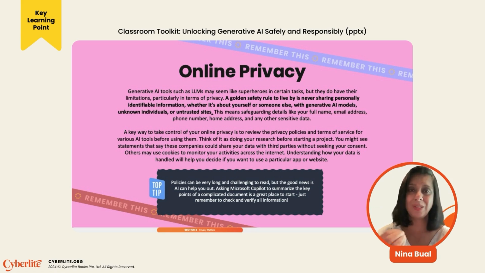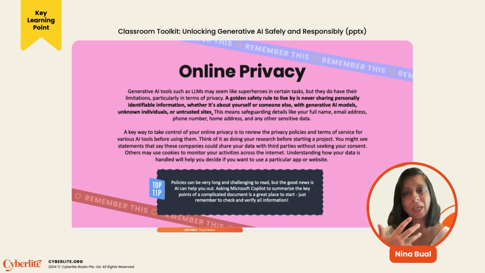that when we put information into generative AI tools, there is a question about online privacy, and we have to safeguard important information. So we should not be putting our full name, email addresses, phone numbers, home addresses, and other sensitive data into third-party tools.